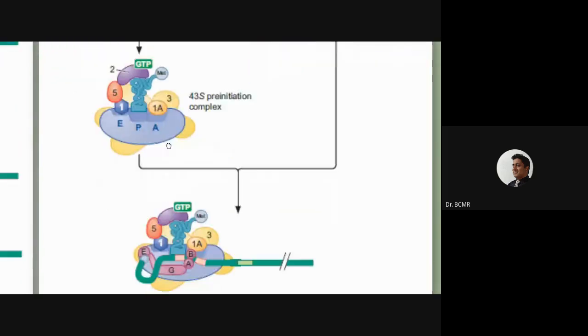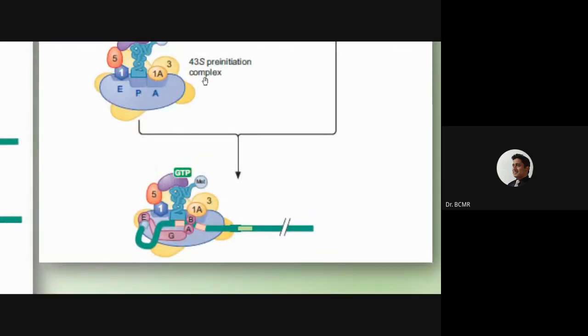So the 43S pre-initiation complex binds to the mRNA like this. The proteins that are binding to the mRNA have several functions. One is to recognize the mRNA, and the second is to bring the pre-initiation complex to the mRNA.